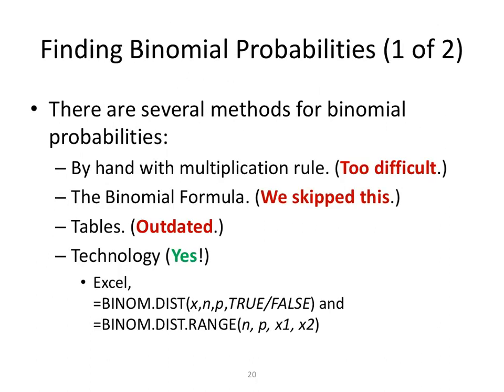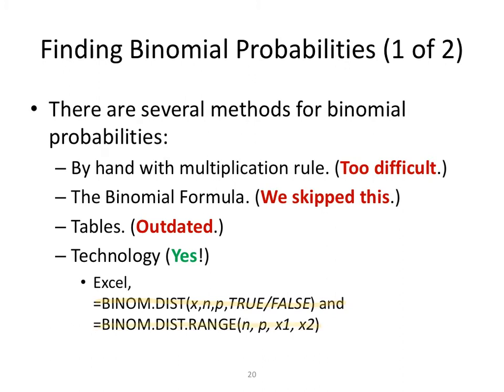There are several methods for finding binomial probabilities. You can see here there are 3 methods we will not be doing, but we will be using technology. So in Excel, you will be using a new formula, and it is binom.dist and binom.dist.range.